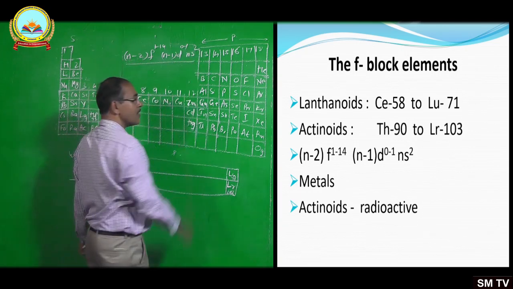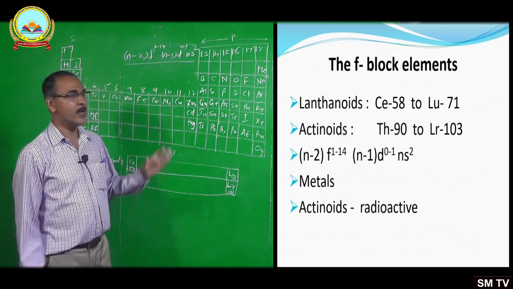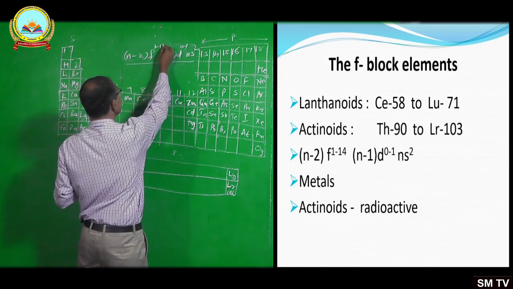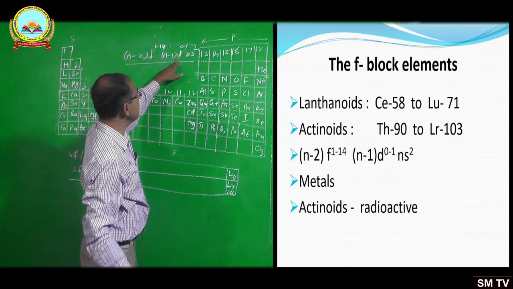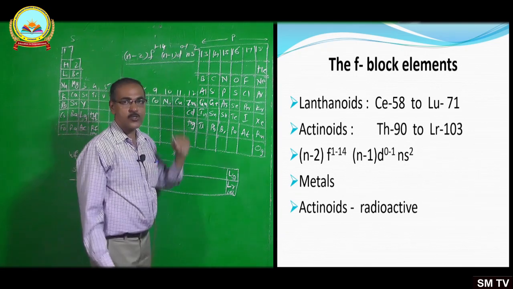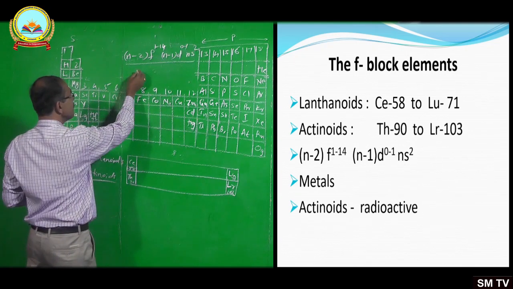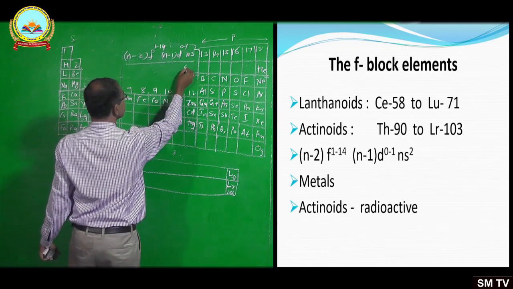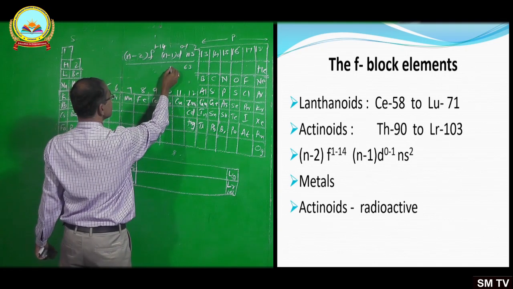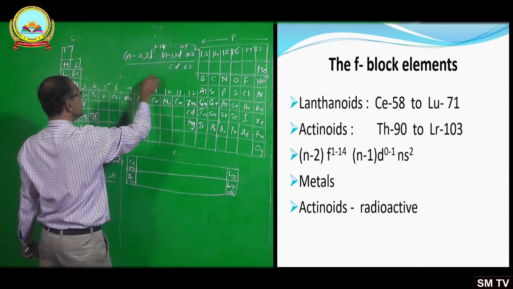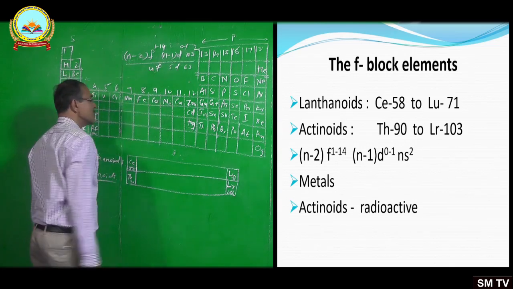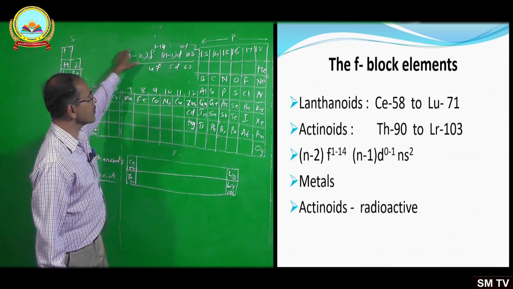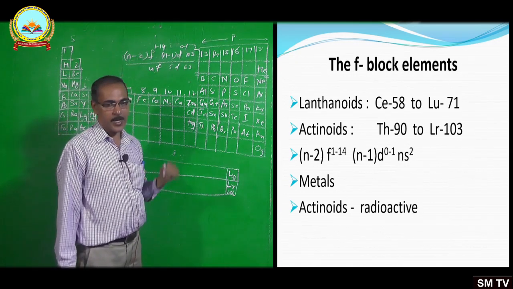This is the valence shell electronic configuration, important for the examination. (n-2)f 1 to 14, (n-1)d 0 to 1 and ns2. That means 4f, 5d and 6s. So, if it is 6s, this is 5d, n minus 1 d, then 4f. This is how we write the general electronic configuration for the f block elements.